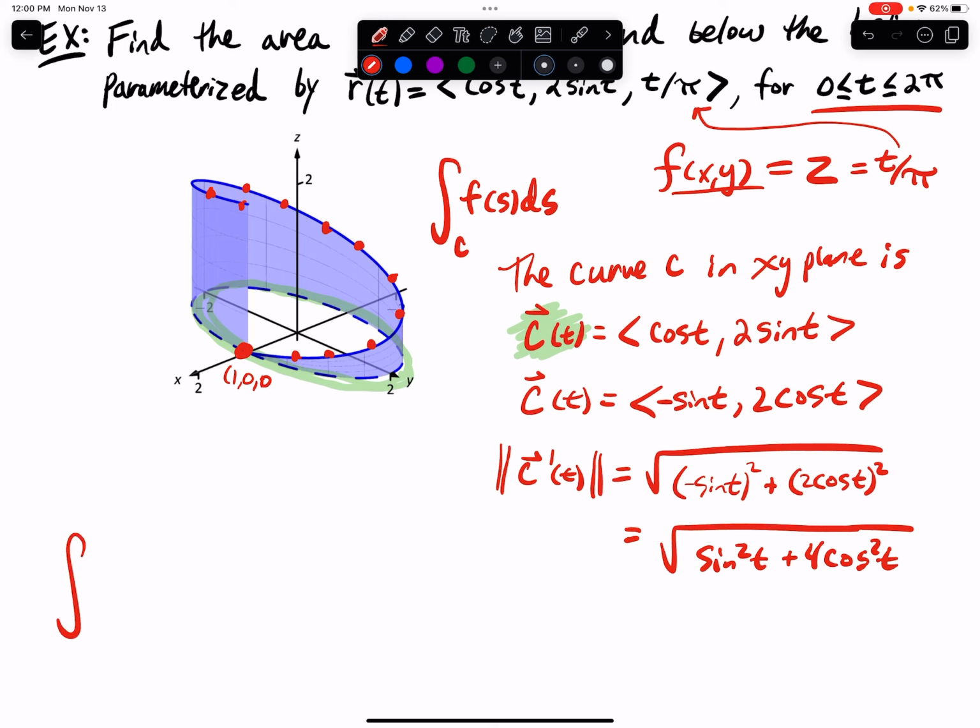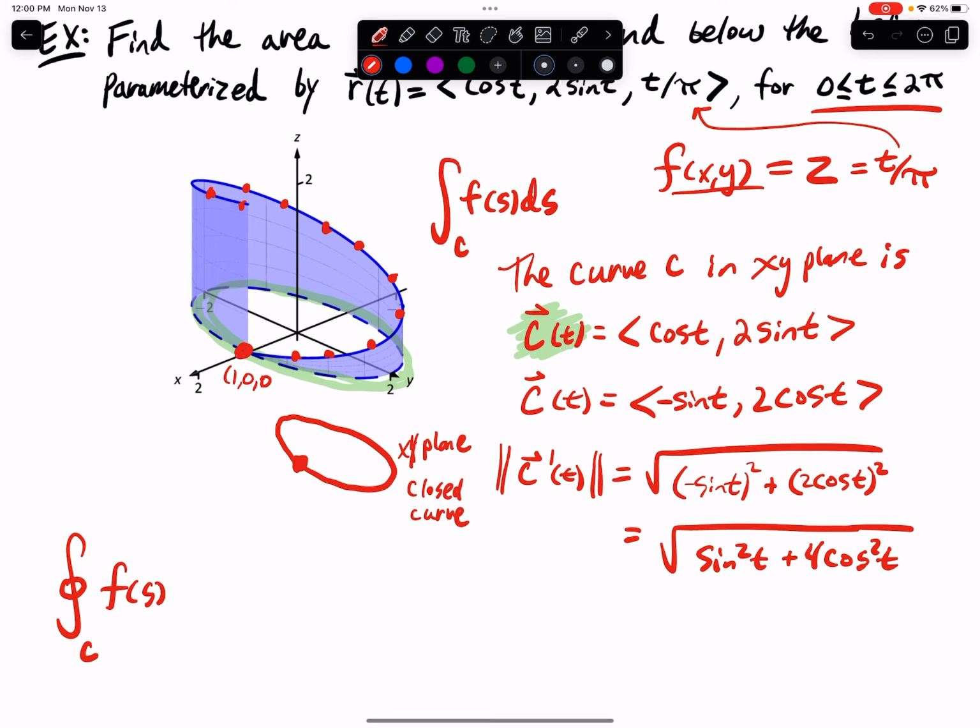Now, what else do I know about this line integral? Well, this curve looks to me like it's closed in the xy plane. Looks like a closed curve. And you remember how we designate a closed curve C? We put a circle through the integral.